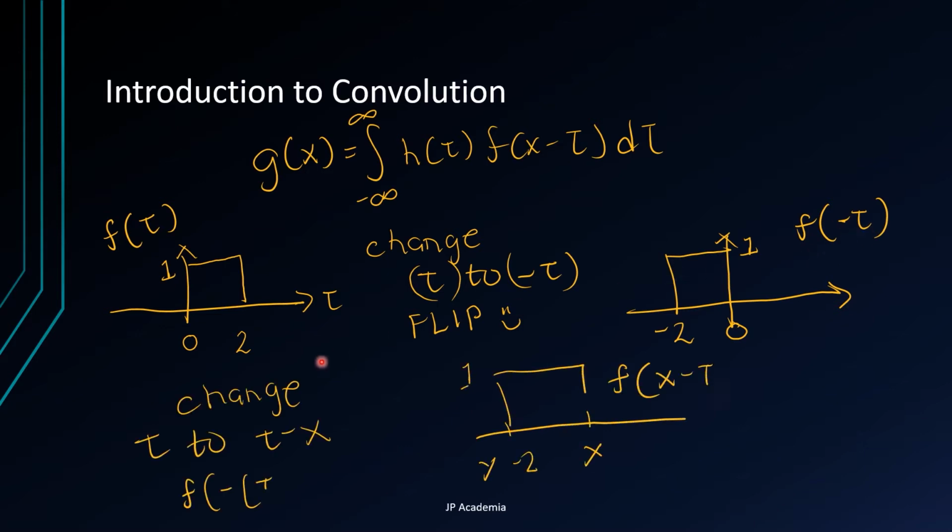So, next step is to change tau to tau minus x. Nangyayari dito, nagkakaroon tayo ng shifting na tinatawag. I-shift mo siya by a certain amount x for this case. So, makikita mo, yung 0 natin kanina, naging x lang yan. Then, yung minus 2 rito, naging x minus 2 siya after natin siyang i-shift.